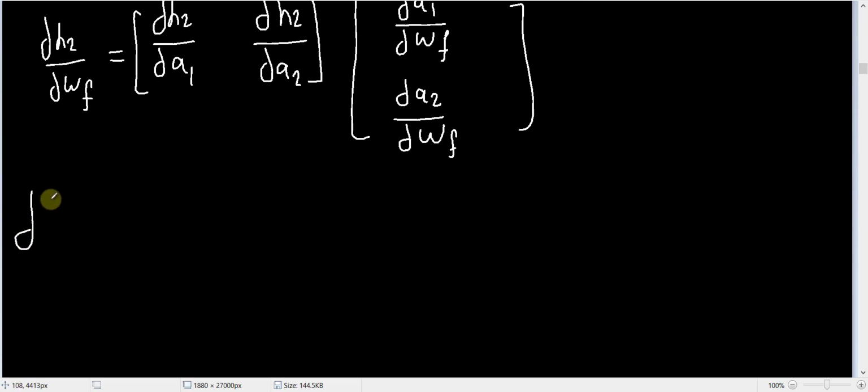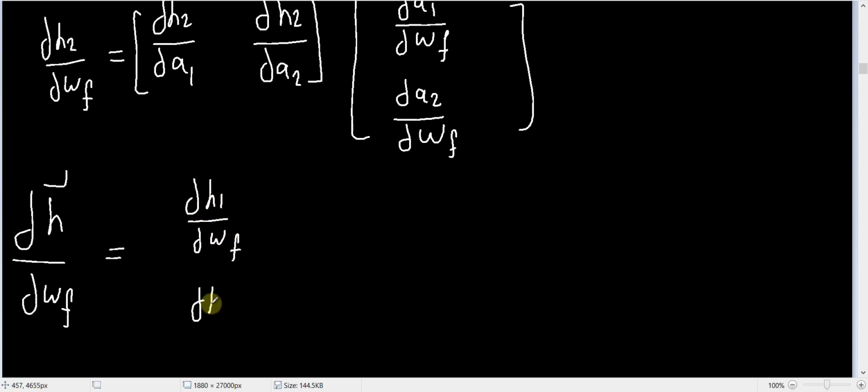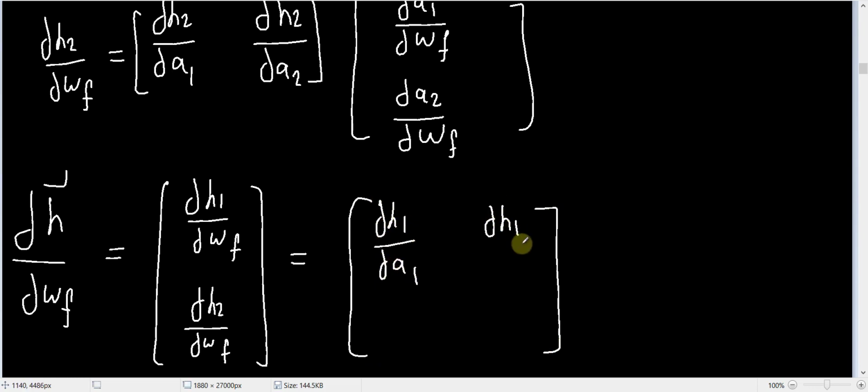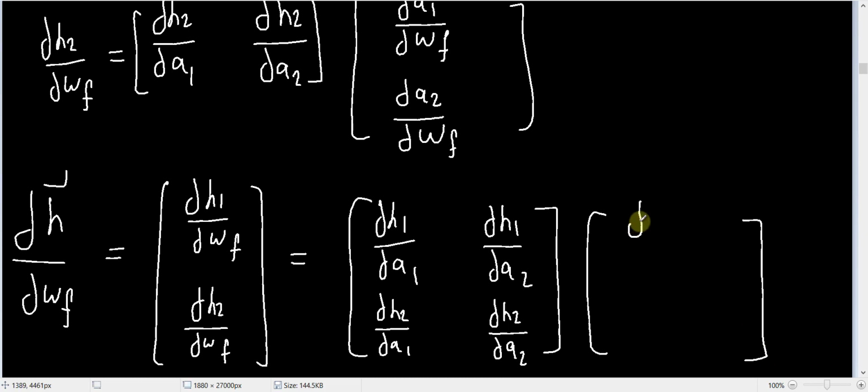So I can say that dH as a vector by dW flattened, this is equal to dH1 by dW flattened and dH2 by dW flattened in a column vector like this. Now this is equal to, here I can have dH1 by dA1, dH1 by dA2, dH2 by dA1 and dH2 by dA2, and this right here is multiplied by this matrix having dA1 by dW flattened. Here I have dA2 by dW flattened.